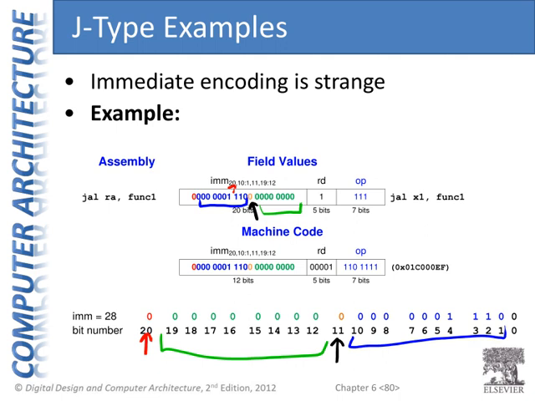But in hardware, when we want to recreate what that offset is, we'll have to put it back into this order so that we can actually see what that value is.